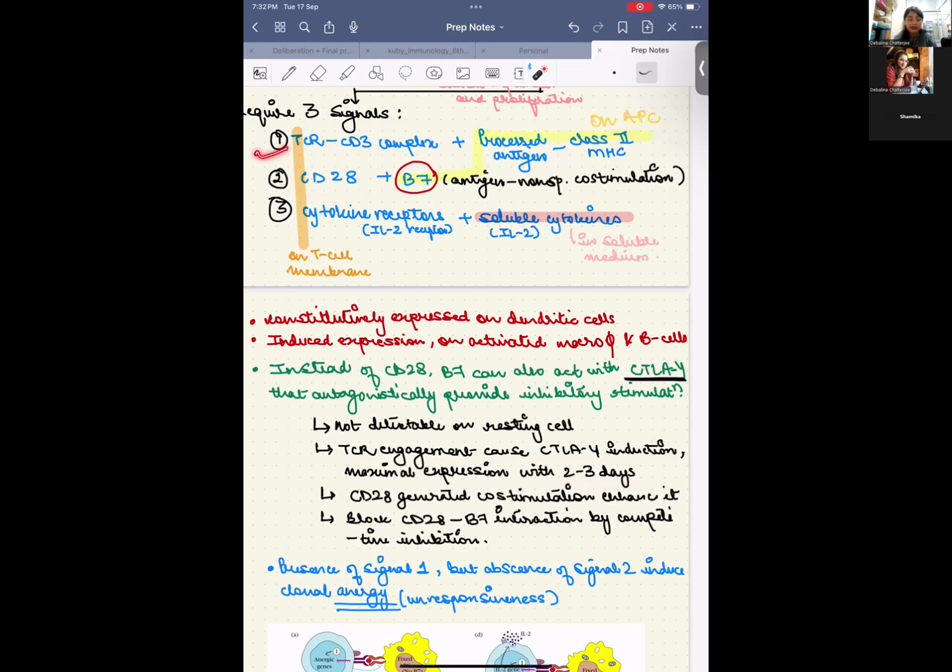This is happening in the first step of activation of the T cell. So the activation signal of the T cell is also inducing an expression of CTLA4, and its expression is maximum by the second or third day of T cell activation.